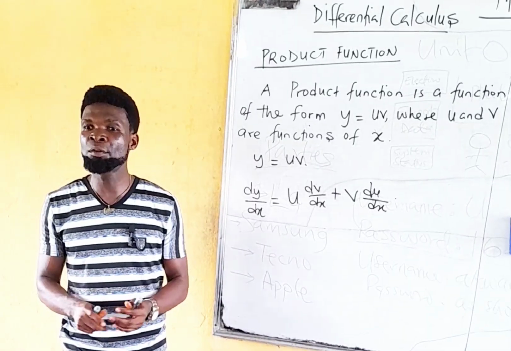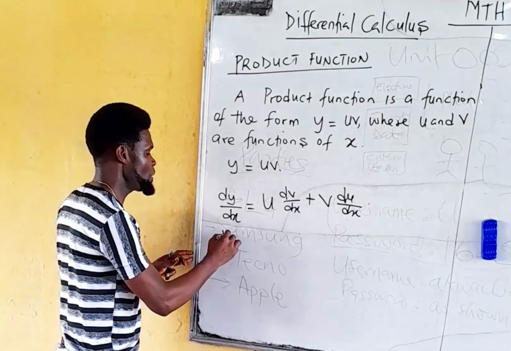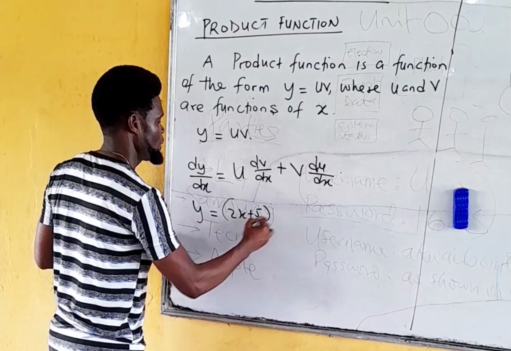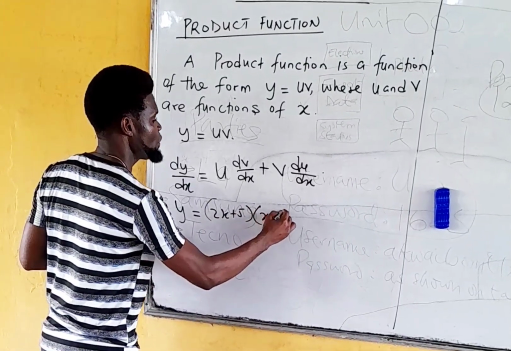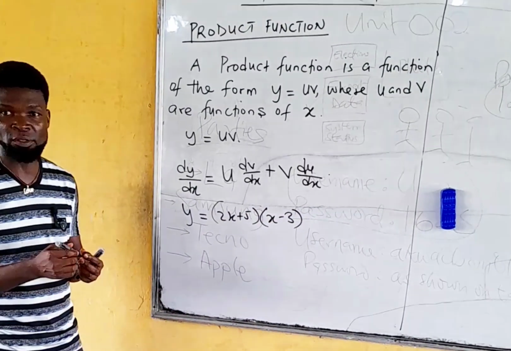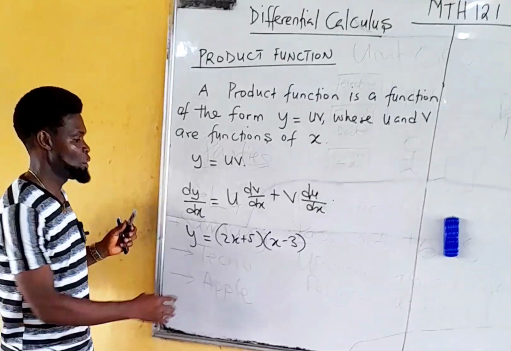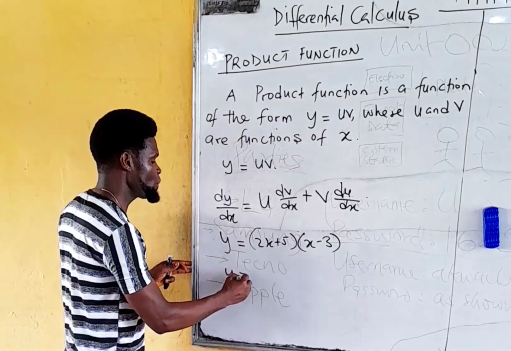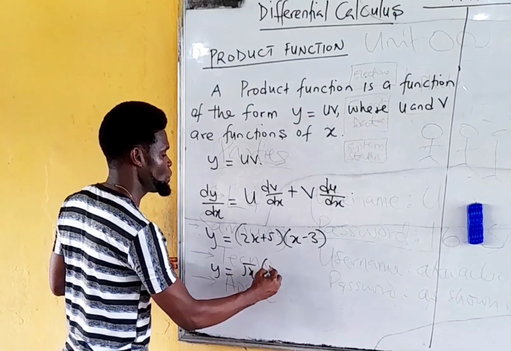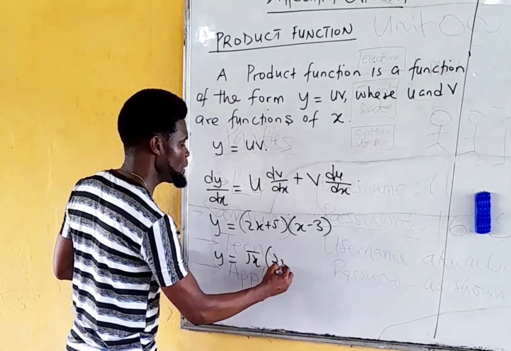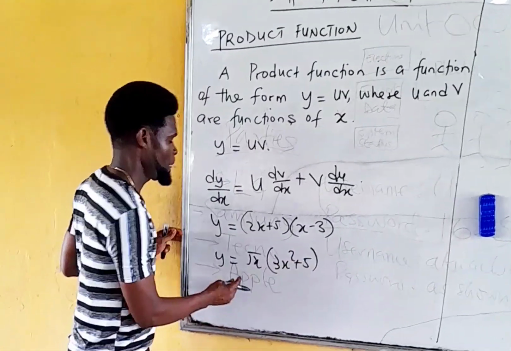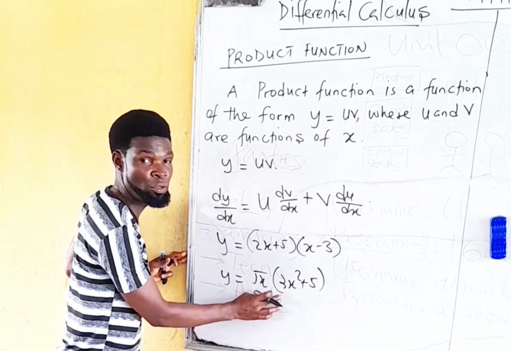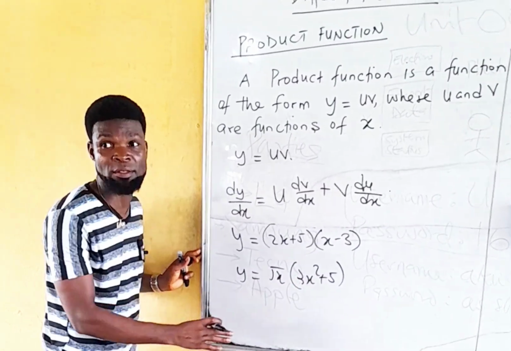A typical example is, if I have a function, say y is equals to 2x plus 5 into maybe x minus 3. We will know product now, that's multiplication. So this times this, that is product function. If I have y to be equals to root x into 3x squared plus 5, this is also product.